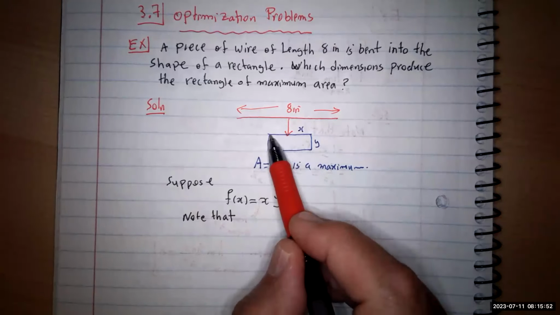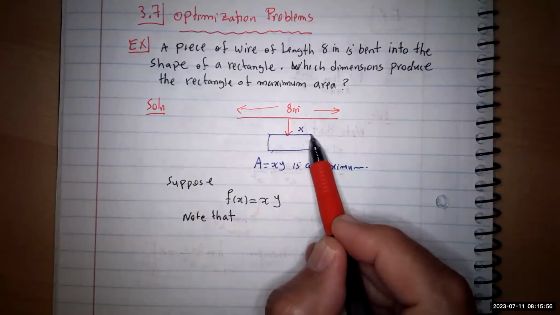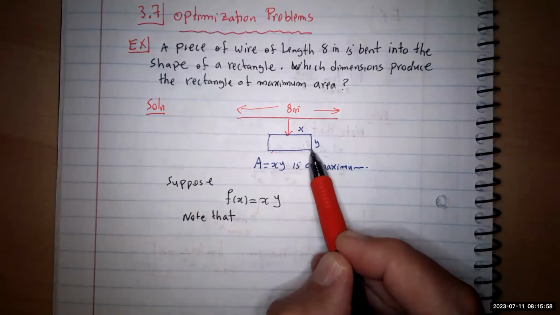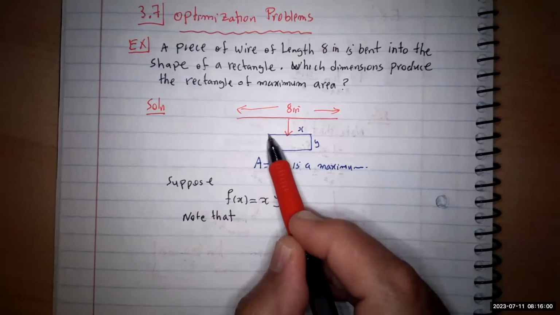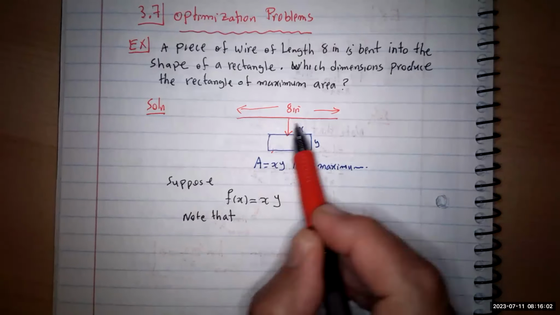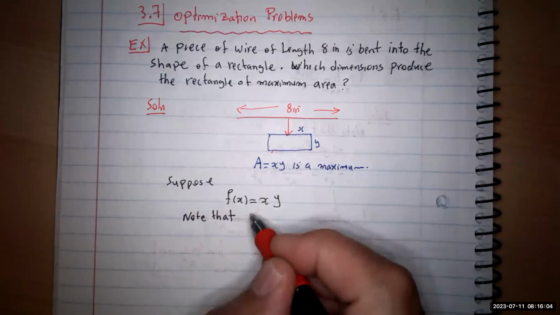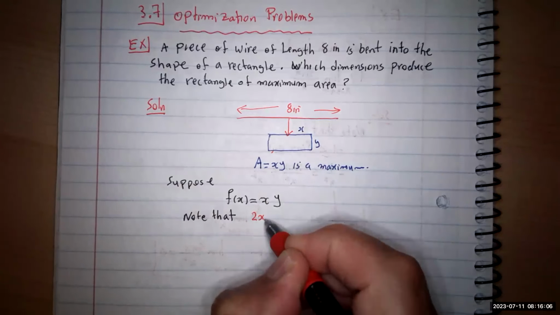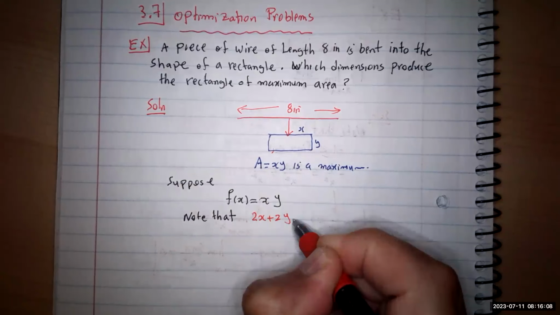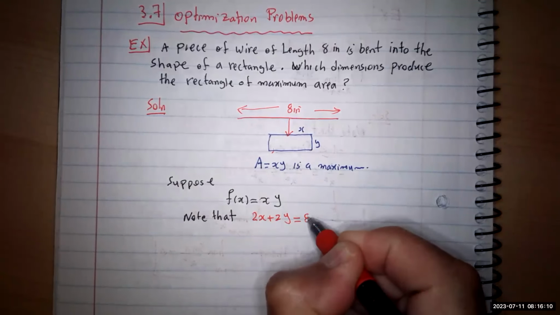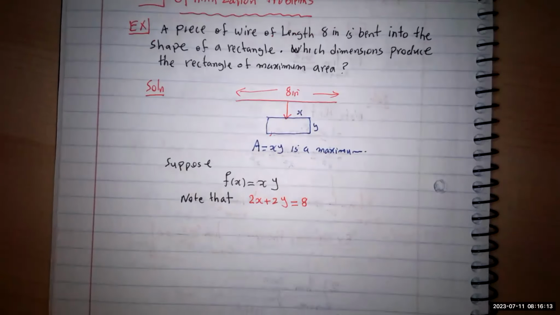So this is the 8. Add these numbers together, X, Y, X, Y, the perimeter of the rectangle, and that would be equal to 8. So your relation is twice X plus twice Y equals 8. This is a relation that you have to find yourself in all these problems.